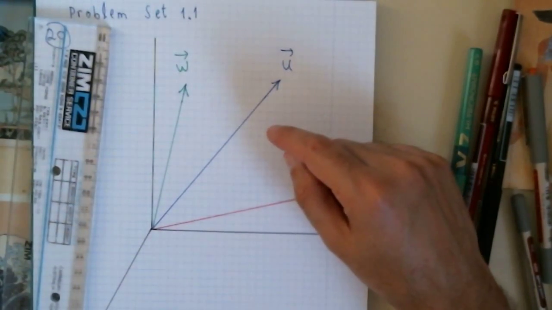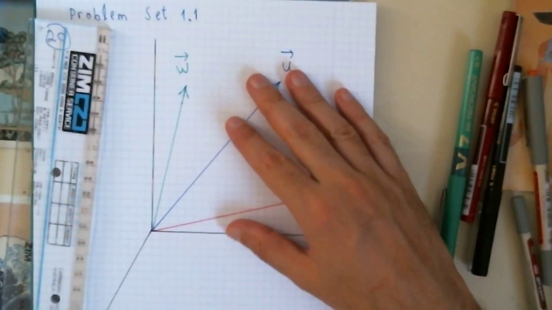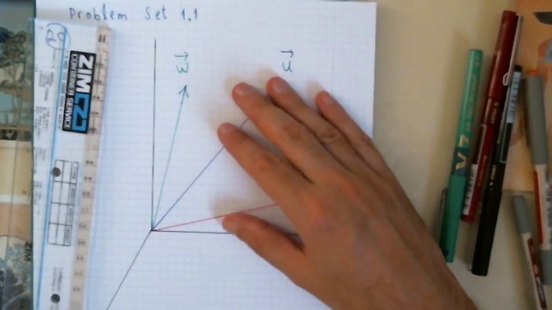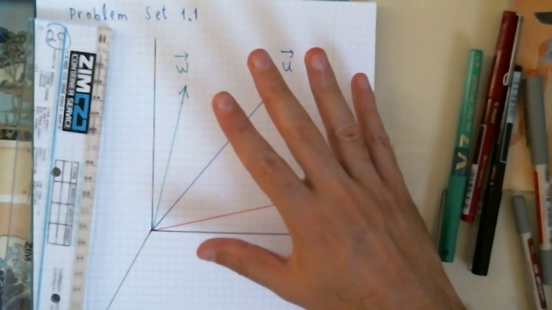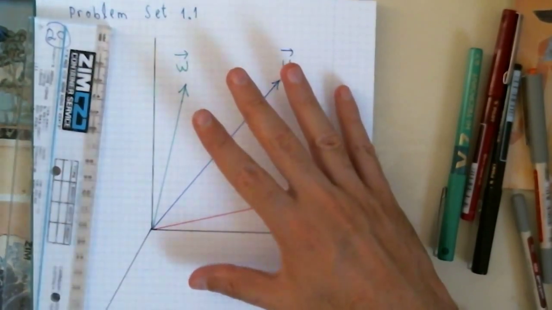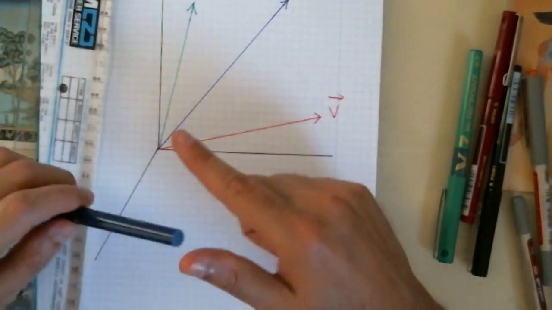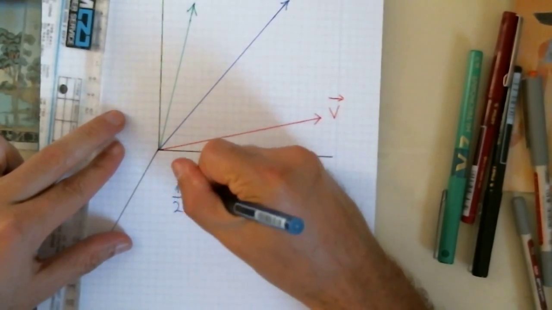So the question starts with how much is a third of U plus a third of V plus a third of W. And then they ask us how much is half of U plus half of W. So let's start with half of U plus half of W because it's easier to explain.